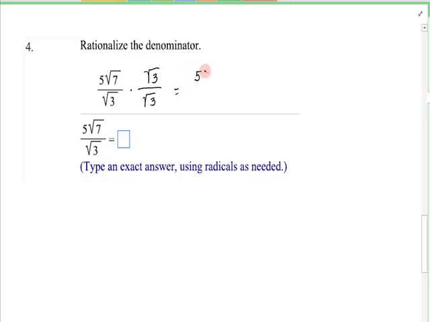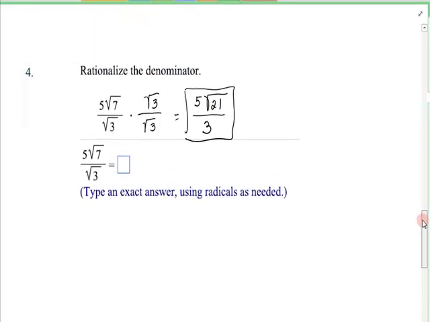That gives me 5 times the square root of 21 over 3. If these two rational numbers could be reduced, if they had a common factor, I would do so, but they don't. Also, if the radical that you create up here could be simplified, you would do so. You're always looking to see, can you simplify, can you reduce? But the answer is no.